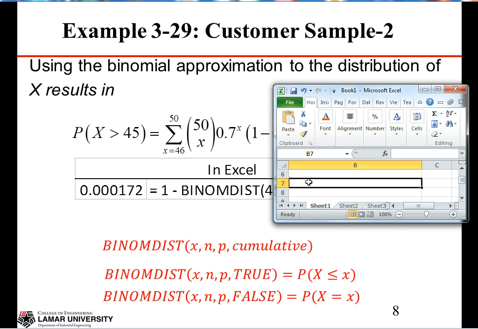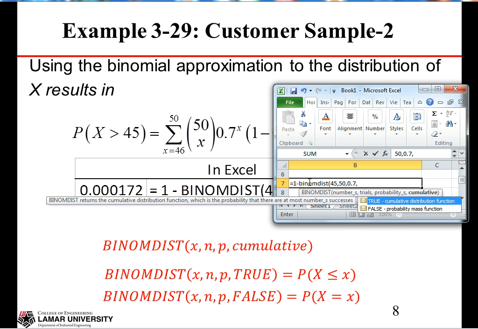So you just type in equal to 1 minus the binomial distribution, and this function takes the number of successes, in this case 45, and the number of trials, or sample size n, which is 50, and the probability of success is 0.7 because 700 out of 1,000 of them are successes.